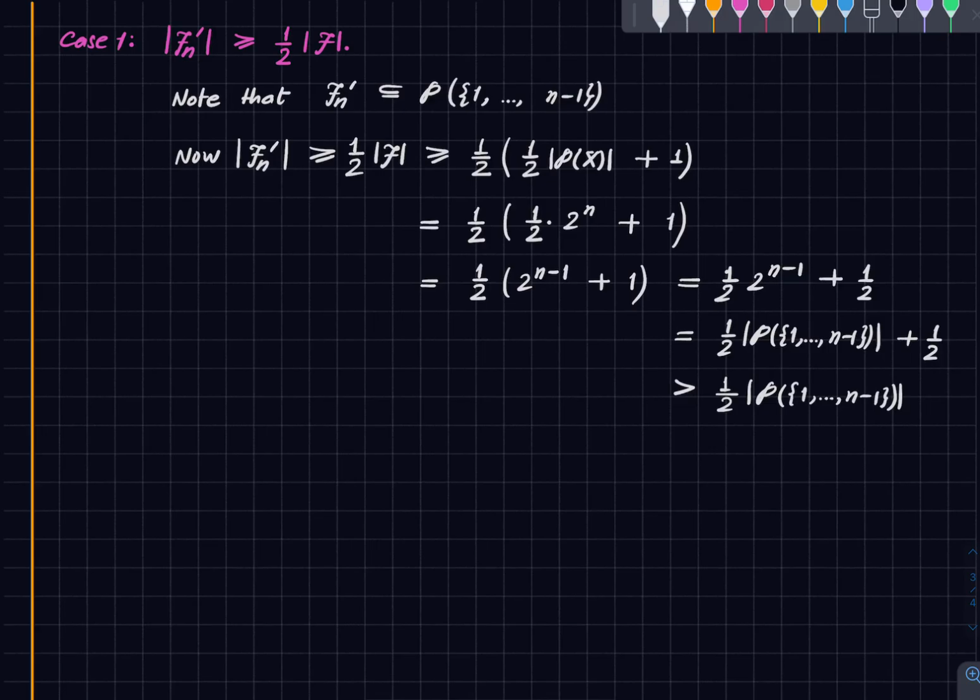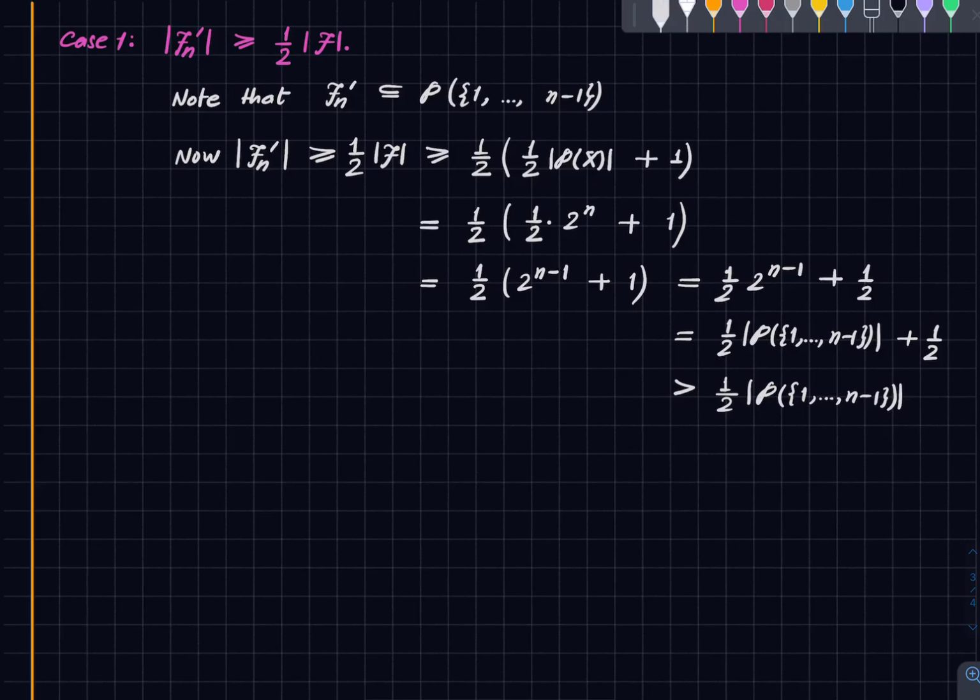Now, n was chosen as the smallest positive integer for which there was a counterexample to the proposition, and therefore n minus 1 had the property that there is no counterexample to the proposition, meaning whenever you select a subset of the power set of the first n minus 1 natural numbers with the property that it has more than half of all the subsets, then you can find two distinct things here which have the property that one is contained in the other.